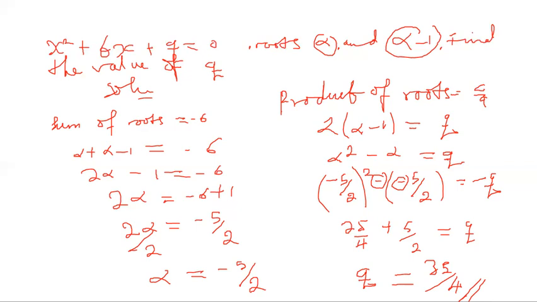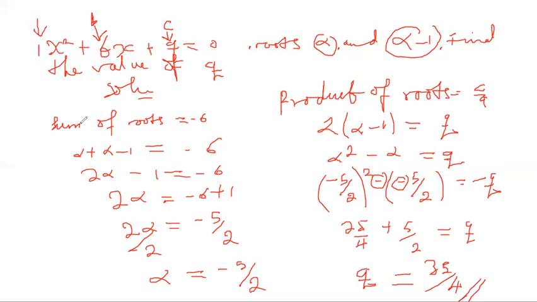How have you come up with this q? For the q, I've used the way we say product. So product of roots is equal to C over A. So here C is q, B is 6, and A is 1.